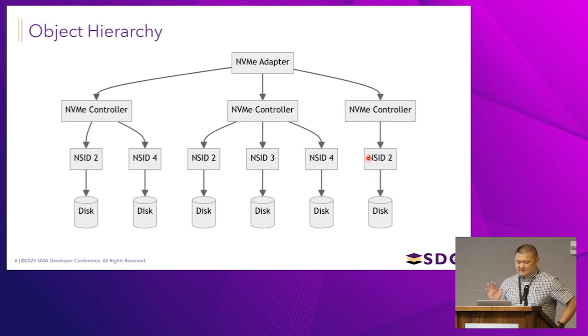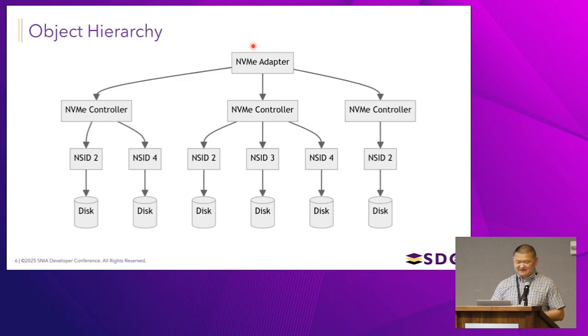On this slide here, I am showing the object hierarchy within the Store MQ model. So at the very top, we have the NVMe adapter. The way you should view an NVMe adapter is as a hardware device. From a hardware device, it has the ability to support one or more NVMe controllers.